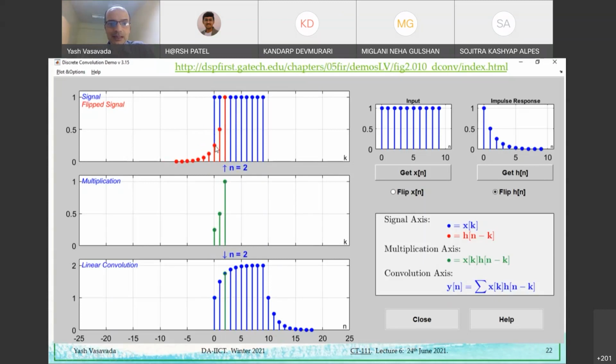Now you multiply the red and the blue. Because blue is all ones, the result of the multiplication is nothing but the red, except it gets zeroed out wherever the input is 0. And so you just get these 3 samples. So these are x of k, h of n minus k, product. And then once you add these 3 samples, you get the third output, y of 2.